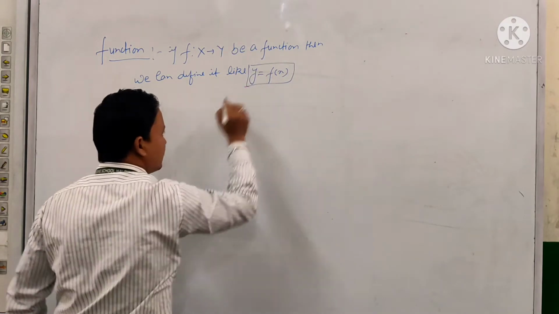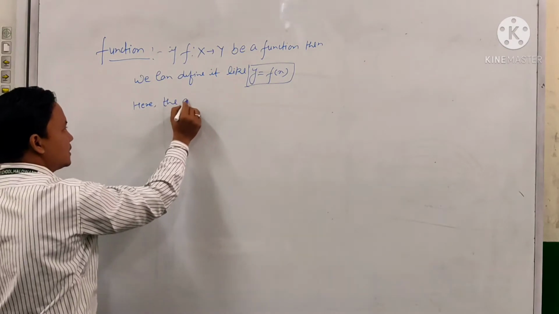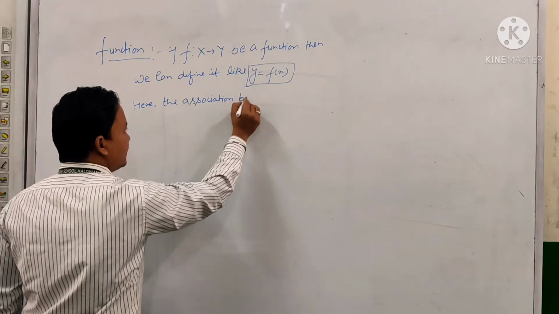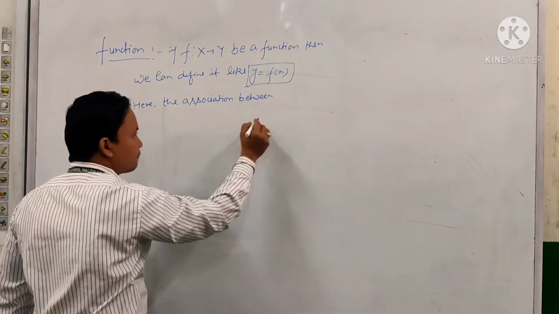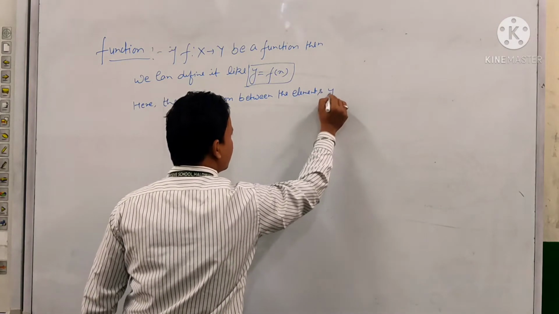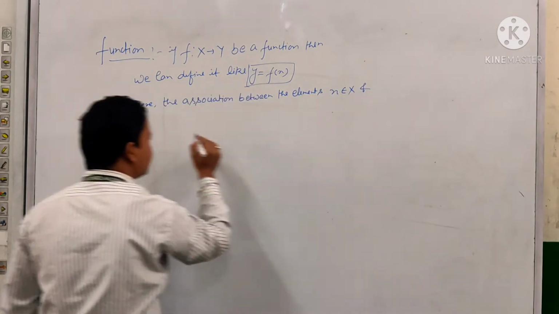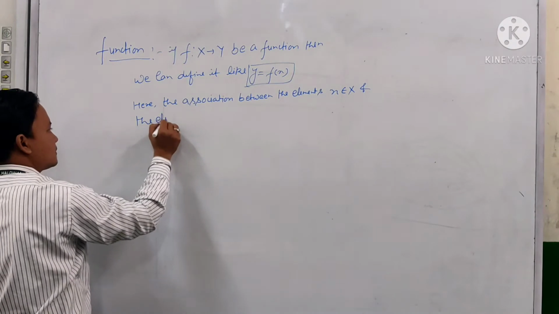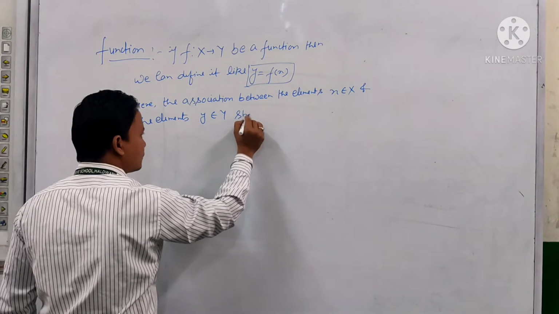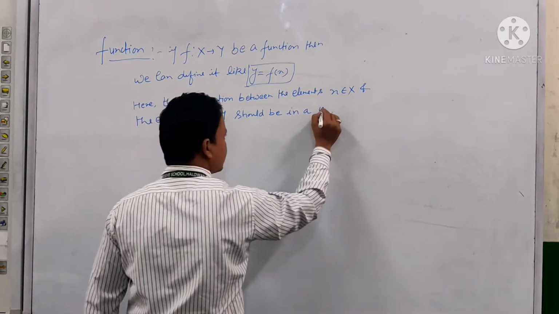Here the association between the elements x of set x and the elements y of set y should be in a unique manner.